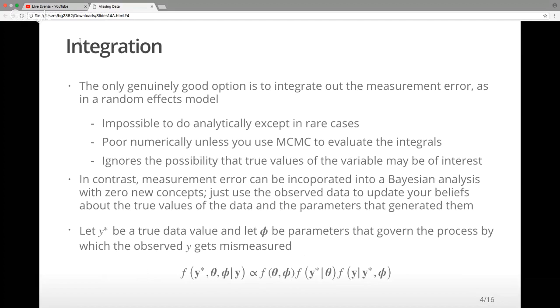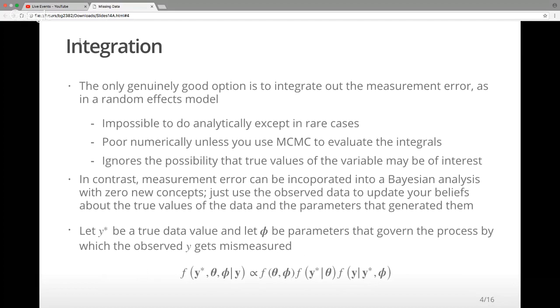And so one approach to measurement error would be to treat it basically the same way frequentists treat error components in a random effects context. And that entails all the same problems as it does with frequentist random effects estimators.